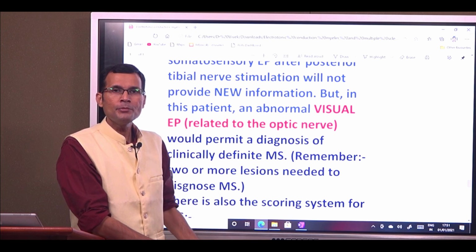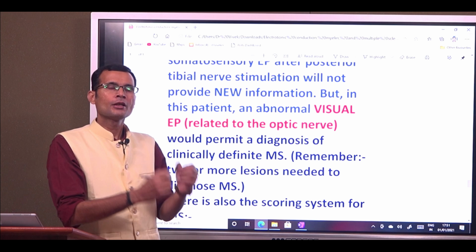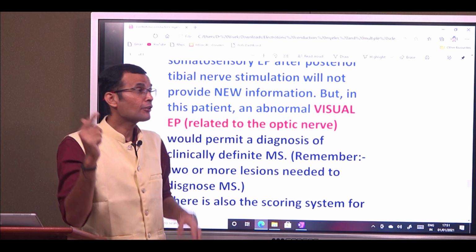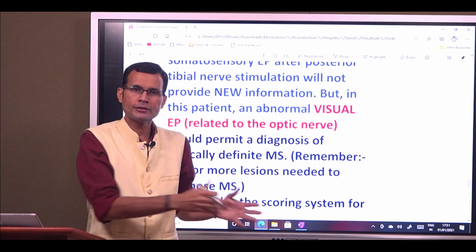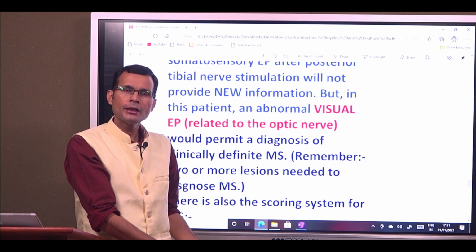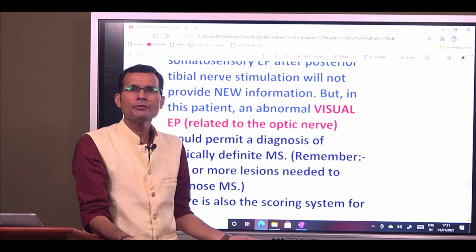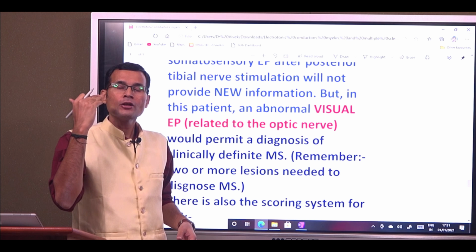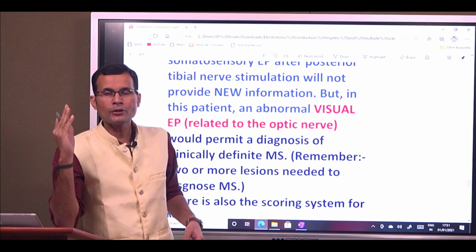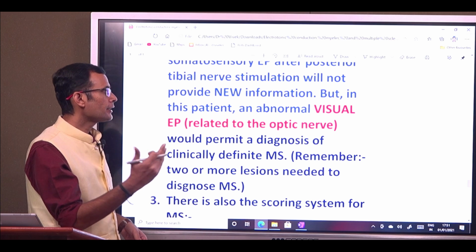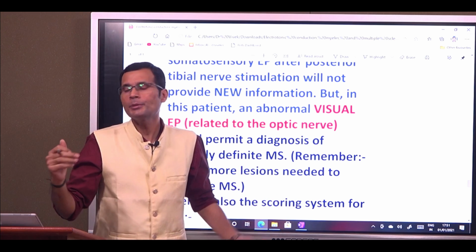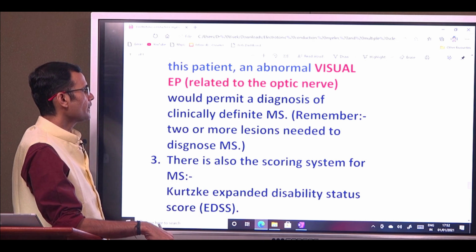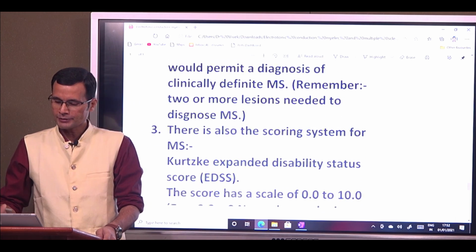Some nerve in the lower limb is involved and the optic nerve is involved. The first nerve involvement in the limb was already evident from the patient's history, and the second nerve is confirmed by your investigation. Then the diagnosis will be obvious: two nerves involved, separated by space, and episodes separated by time. So it's a definitive MS in that case.